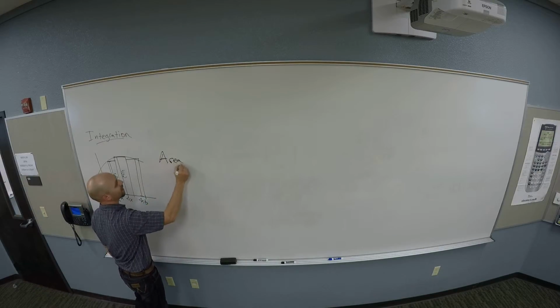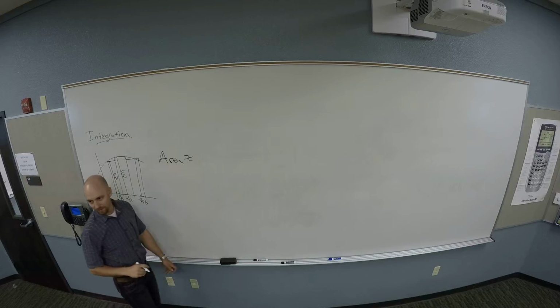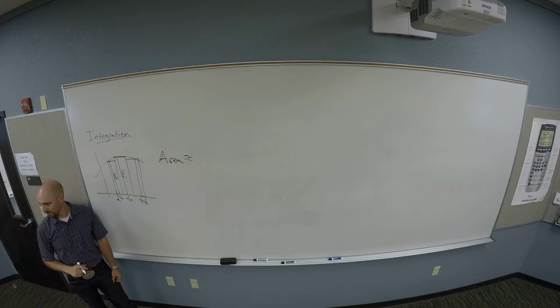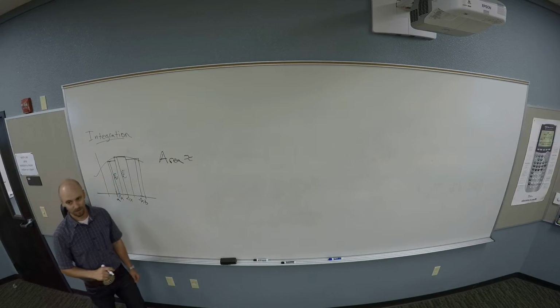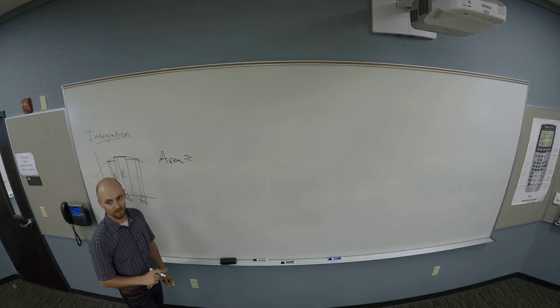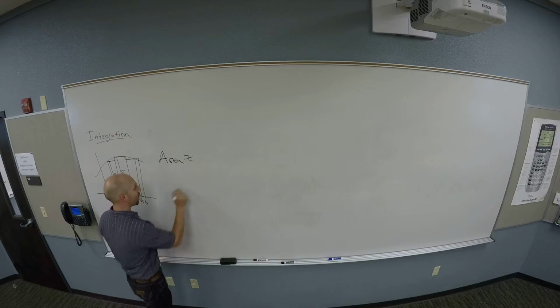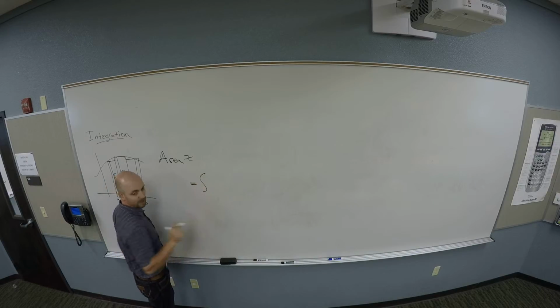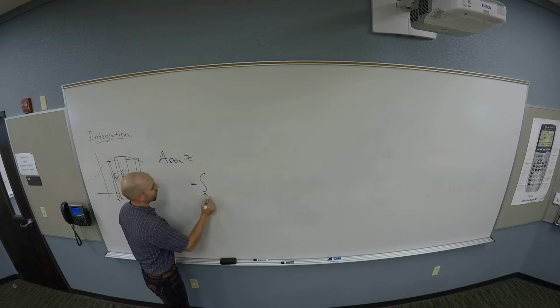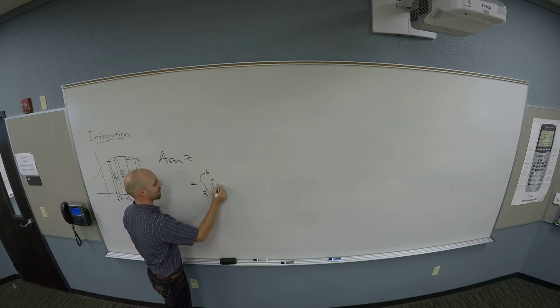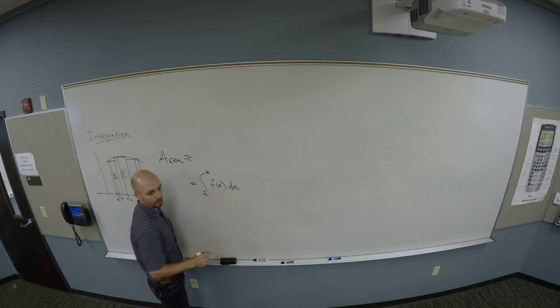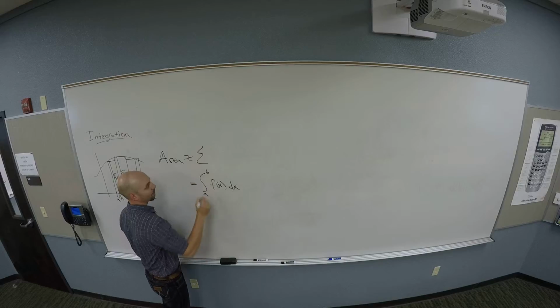Okay, so we'd say the area is about f of... Are you talking about the integral? If I want hard equals, I do an integral. So the integral from A to B of f of x dx is approximately a sum, right?